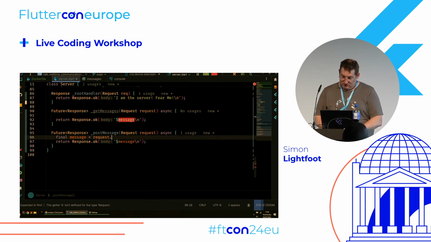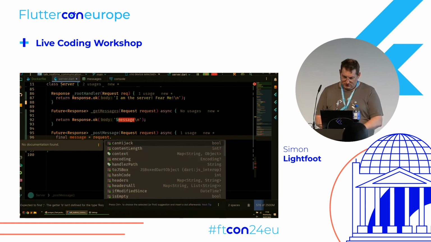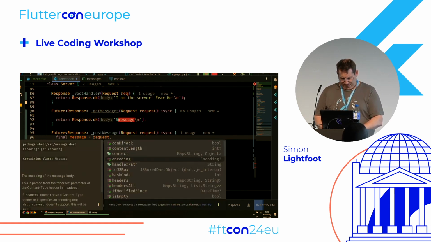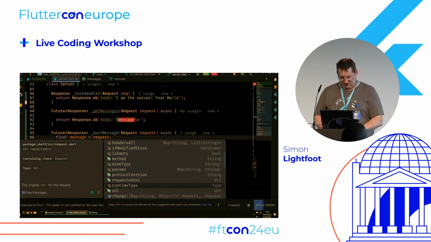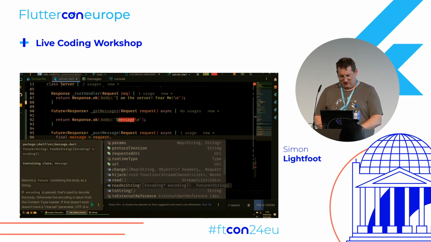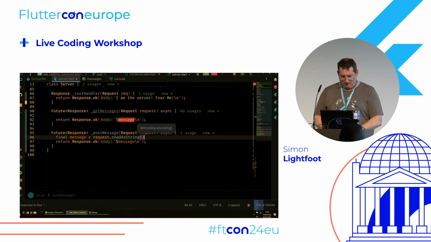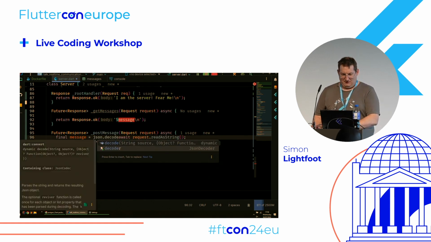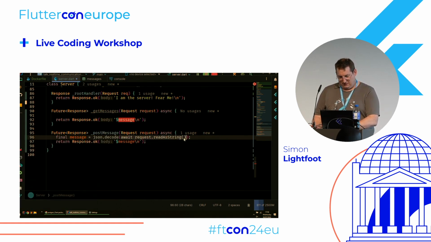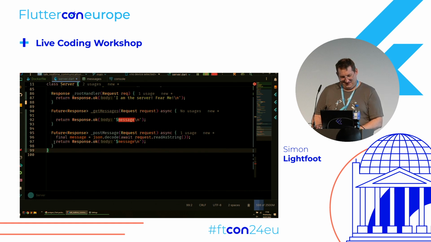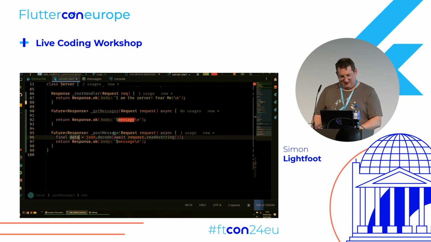Body. It's a string, isn't it? It's like read body. It's read a string. That's going to get the body of the request, and then this is like zero validation. Don't do this, but this is great for a quick example. All right, and then this is data.